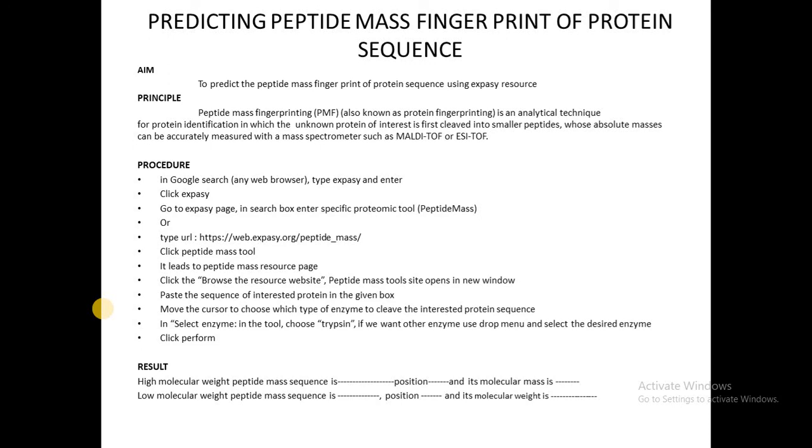Next is the secondary structure prediction. That is, we can use SOPMA, or another type of secondary structure prediction, that is GOR. It is also a tool we use. Another tool for secondary structure prediction is CFSSP, Chou-Fasman, and it is also used.